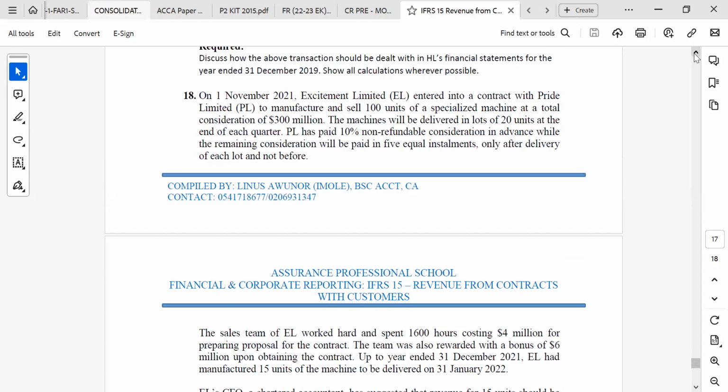That will be over time. So we can recognize revenue on this particular 15 because the machines are specialized in nature. We can't sell them to anybody else. They will surely be delivered. So we recognize revenue on the 15. What will be the revenue that will be recognized on the 15?